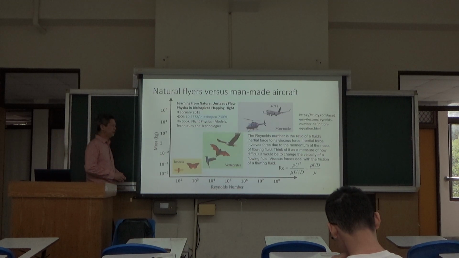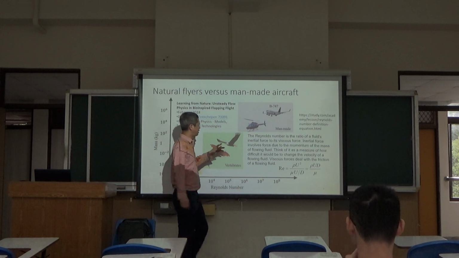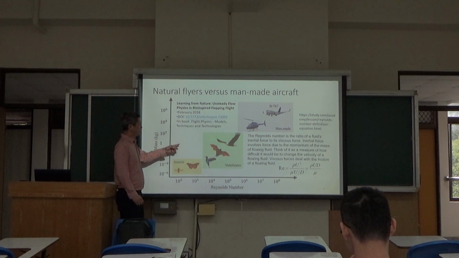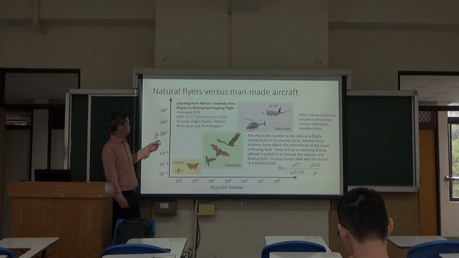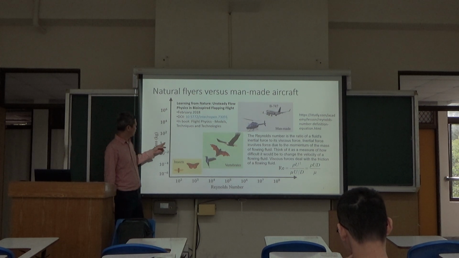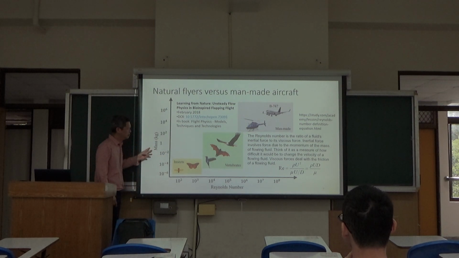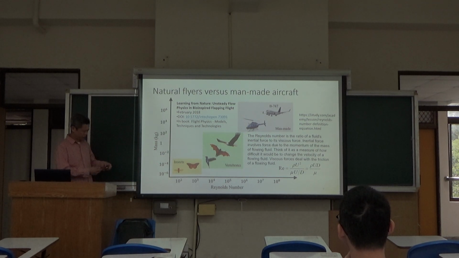So what is the heaviest flyer? If you look at the weight here, you can see the eagle, which is one of the top predators. They are largest in the mass. But they are hardly more than 20 kilograms, I think.